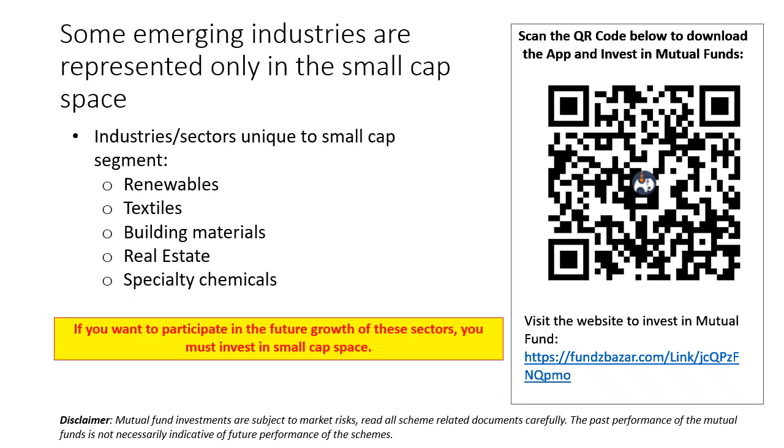Now, another important aspect of these sectors, if we just look at the names: textiles, building materials, real estate, specialty chemicals, these are what are typically known as legacy industries. These are industries where there is significant opportunity, not just from an organic growth perspective, but also from operational efficiency.